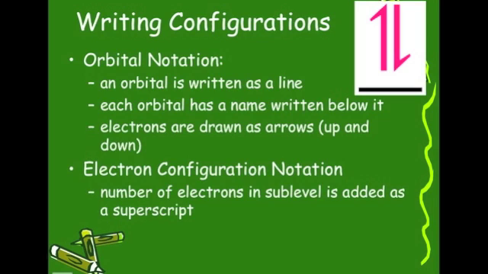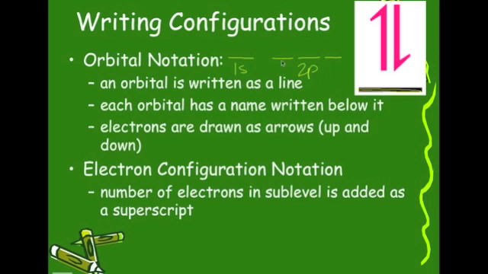2 ways to write configurations. You have the orbital notation, which is what I have a picture of right here. Each orbital is written as a line. For the s, you would draw your 1s orbital and label it underneath, and the arrows right here represent electrons. If you had a p, say 2p, then you would draw 3 blanks because each blank represents an orbital and each p sublevel has 3 orbitals.